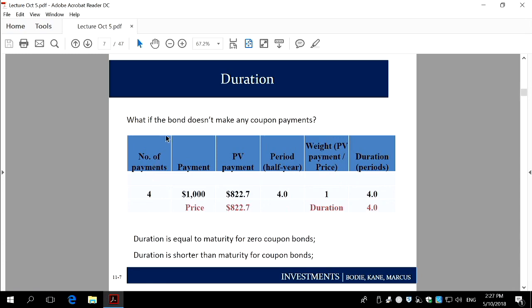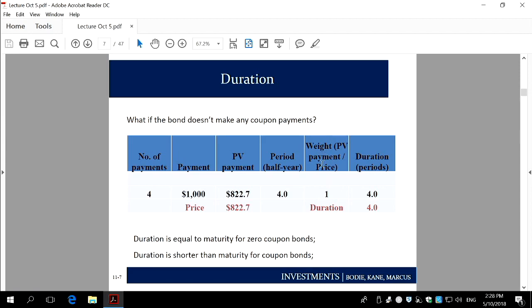How about a zero coupon bond, a bond that doesn't pay any coupon payment? If there is no coupon payment, suppose the maturity is still 2 years, 4 half years, payment 1,000. Then your weight is always 1 because you have only a single payment. The sum of all your weights is 1, but you have just 1 term.